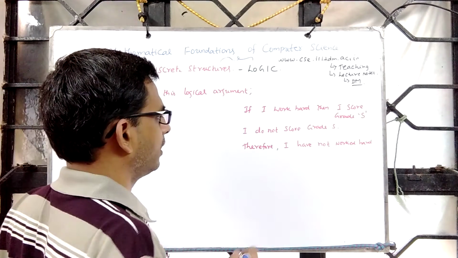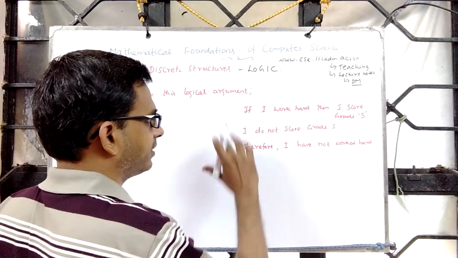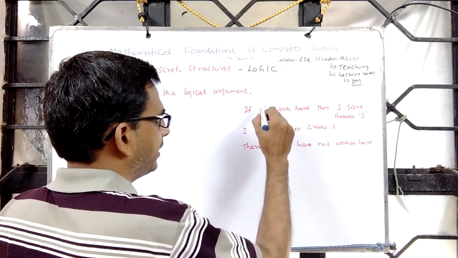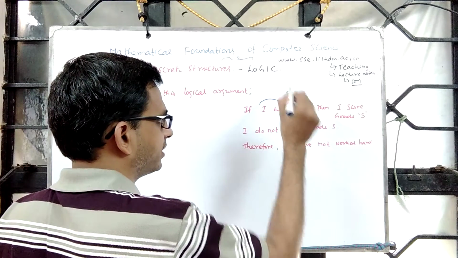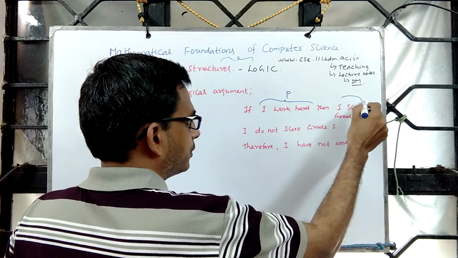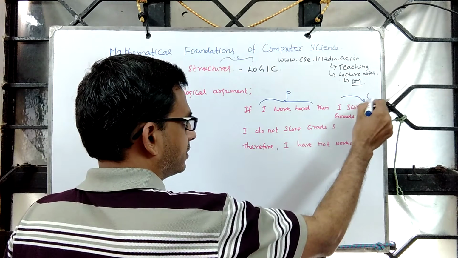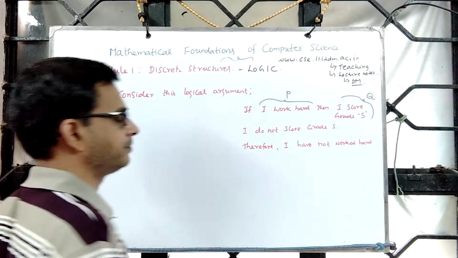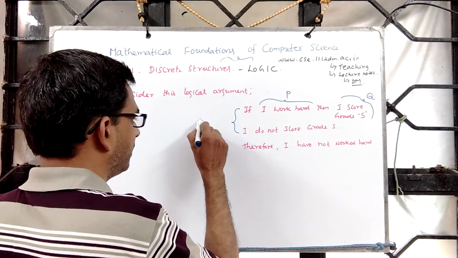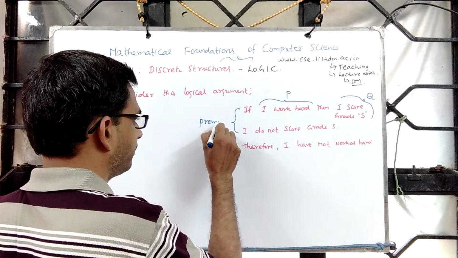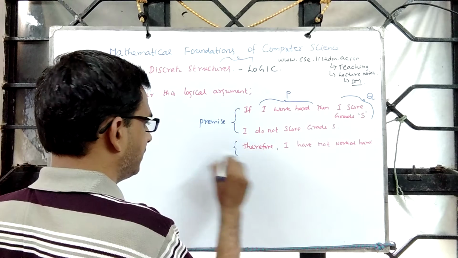Okay. So an argument like this, you can look at it this way. This is a proposition. Scoring grade S is another proposition. So together, this is the premise and this is our conclusion.